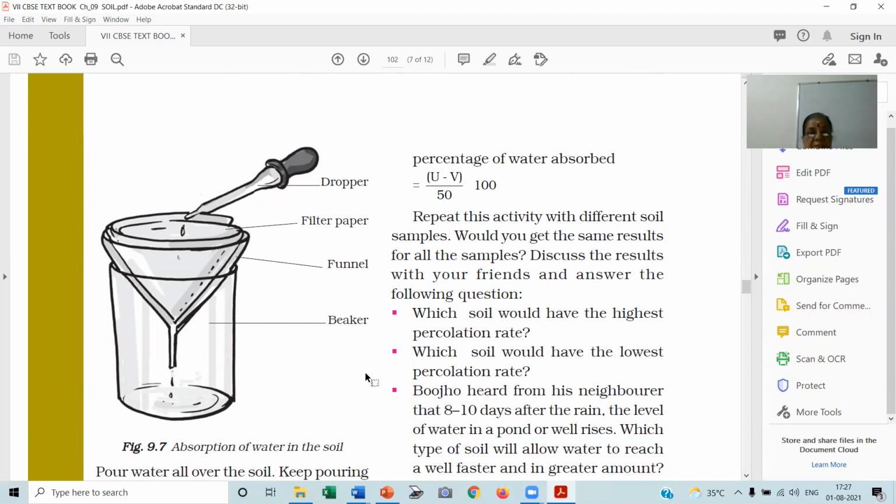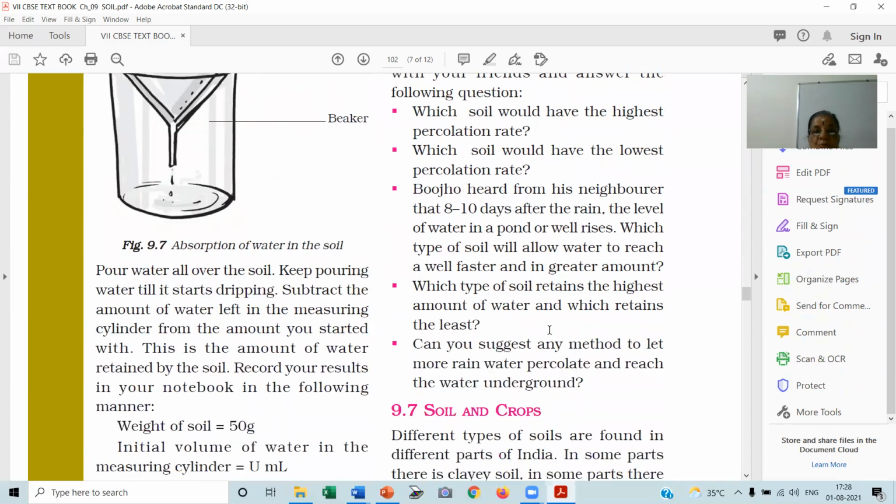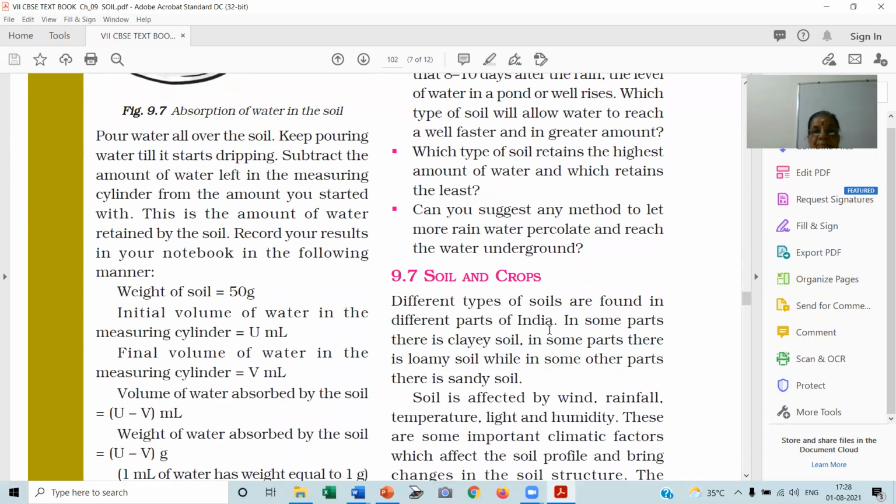That water will settle down at the bottom slowly. That will give you the percentage of water absorbed. And repeat this activity with different types of soil, different soil samples. I hope you follow. So this is for absorption of water by soil.